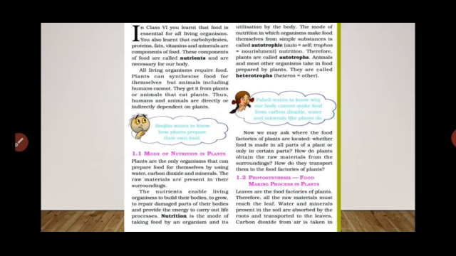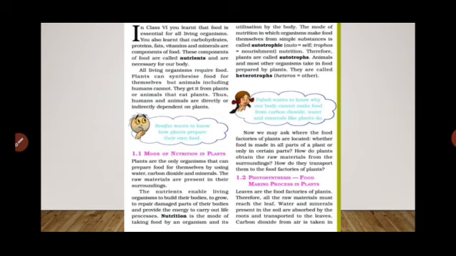Water and minerals present in the soil are absorbed by roots and transported to the leaves. Students, we know that water is a thing which helps the plant complete its process of photosynthesis. Then how do plants absorb that water? The plants absorb that water by the roots and transport that water from the roots to the leaves.